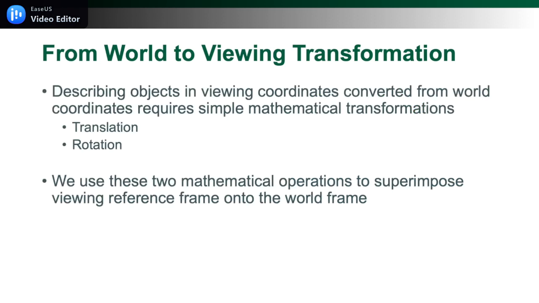Let's see how we do that. Describing objects in viewing coordinates converted from world coordinates requires a simple mathematical transformation in terms of translation and rotation. We use these two mathematical operations to superimpose the viewing reference frame onto the world frame.